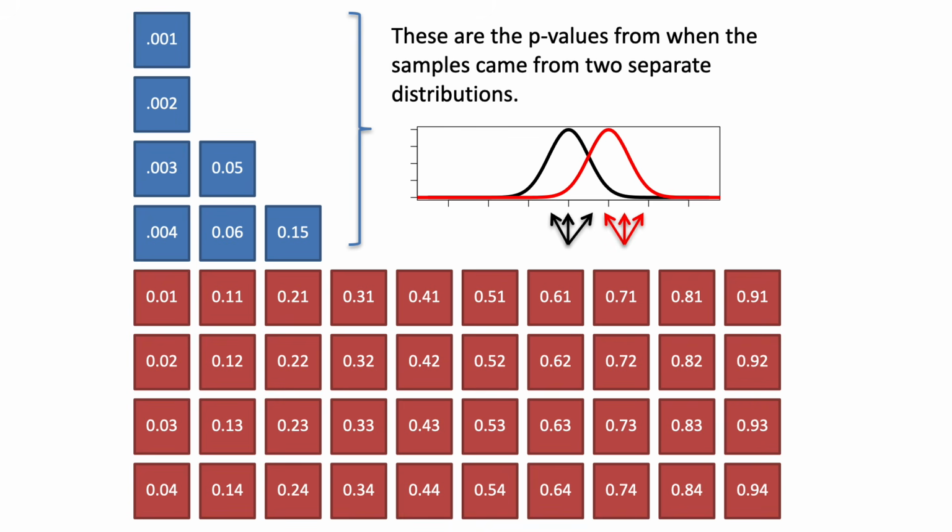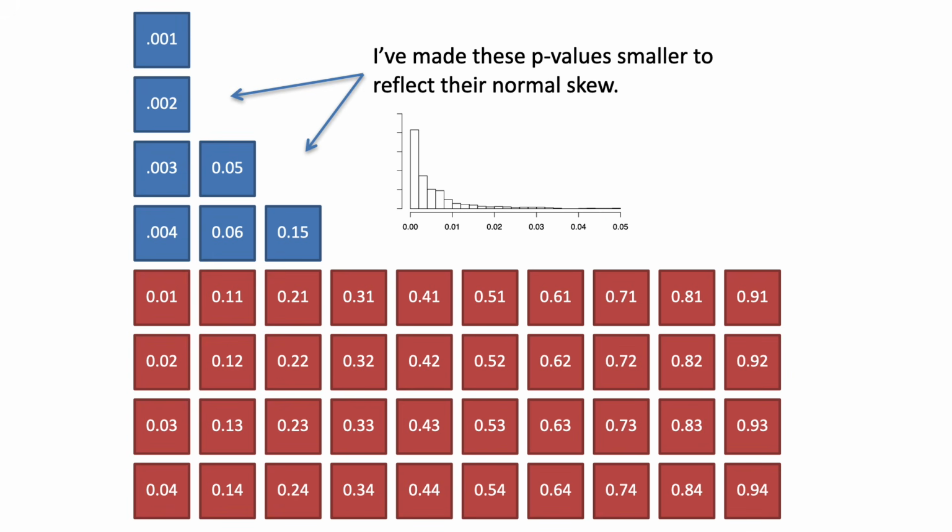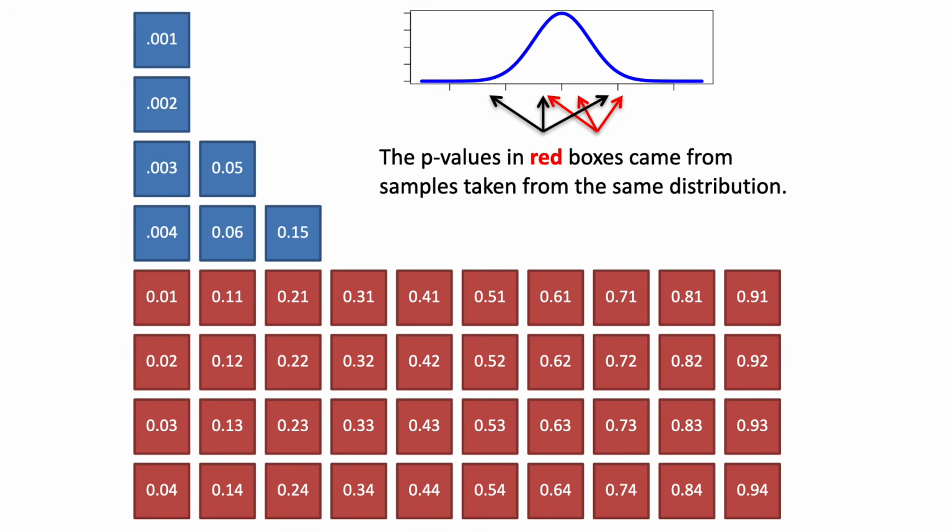Now let's look at a huge example. The blue boxes represent the p-values from when the samples came from two separate distributions. That is to say, these p-values are for genes that were affected by the drug. I've made these p-values relatively small to reflect their normal skew. The p-values in red boxes came from samples taken from the same distribution.